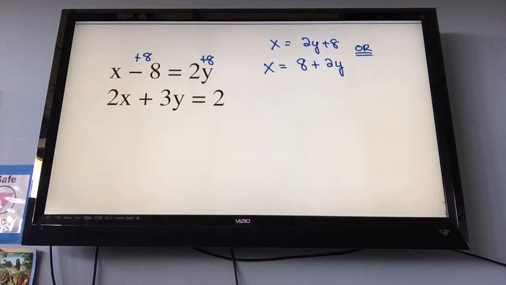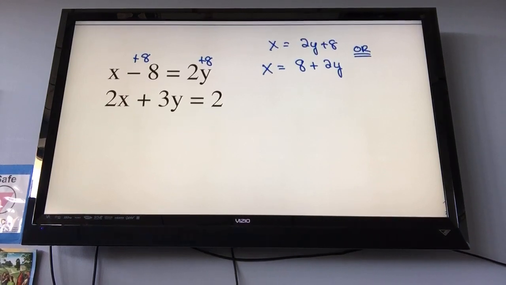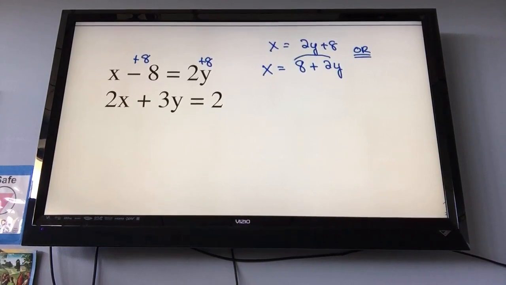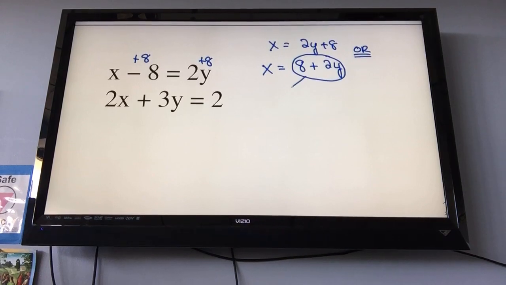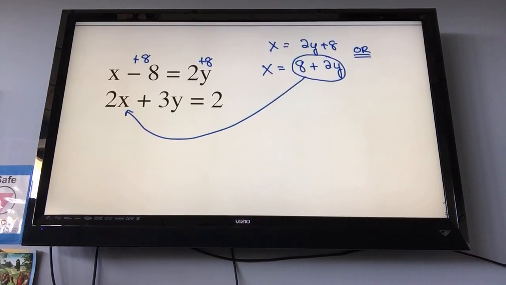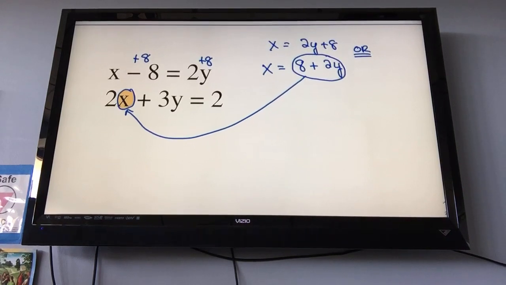But now we're ready to make a substitution. So it's x equals. So this is going to go into the other equation for x. If it says x equals, it has to go in for x.